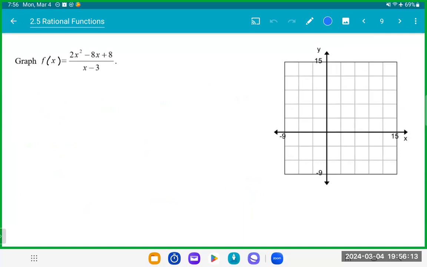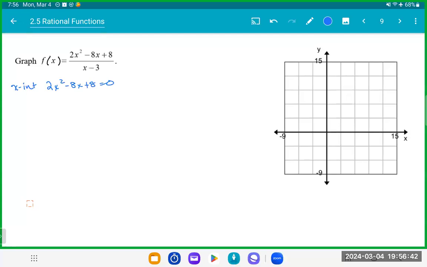Okay, so this next example, we're actually going to have a slant asymptote because if you notice, we have one degree higher in our numerator than we do in our denominator. So let's go ahead and calculate our x-intercept. So that is 2x squared minus 8x plus 8 equal to 0.